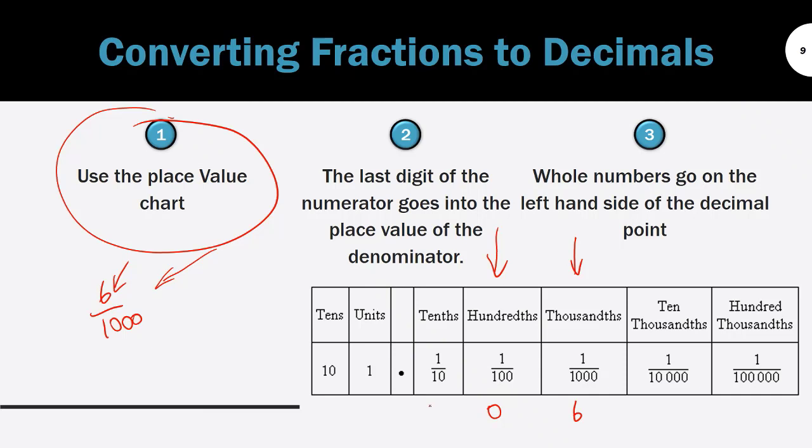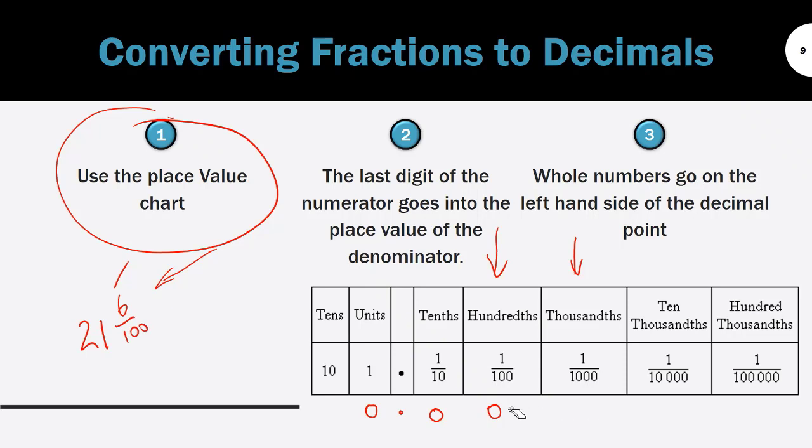So I need a 0 there, a 0 there, and my decimal point, and then another 0. So 6 over 1,000 would be 0.006 as a decimal.